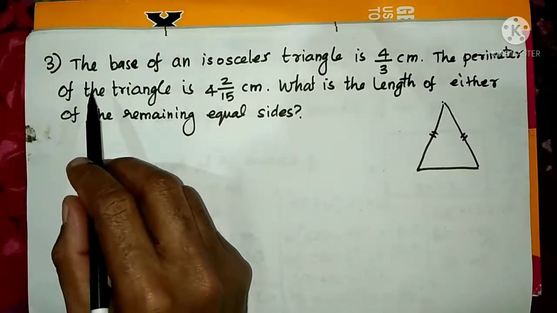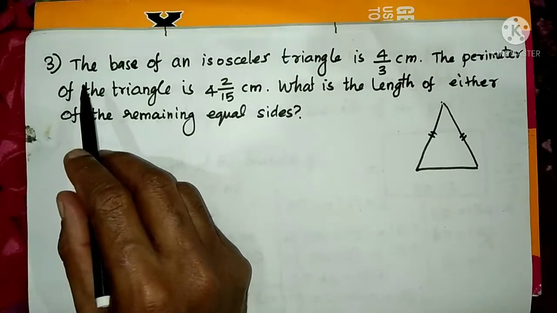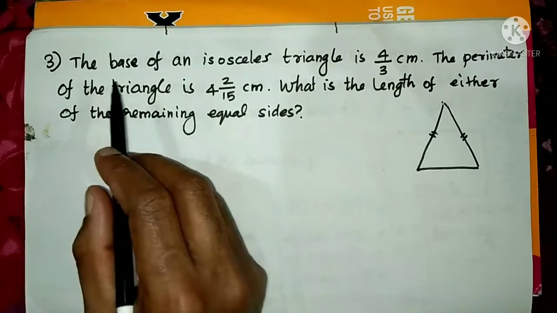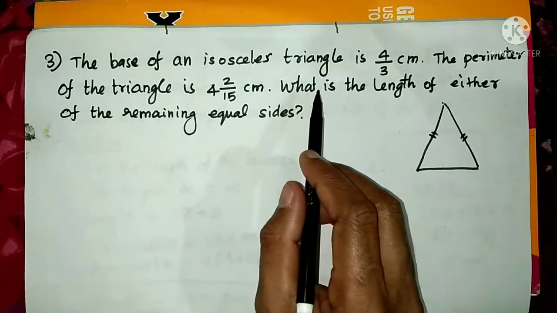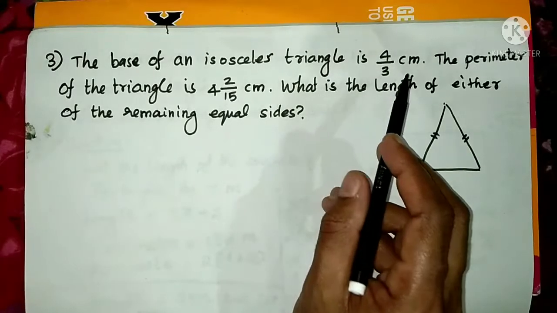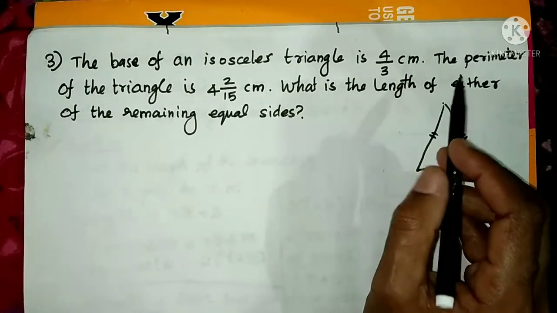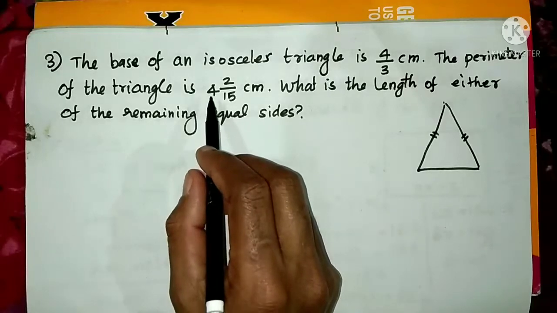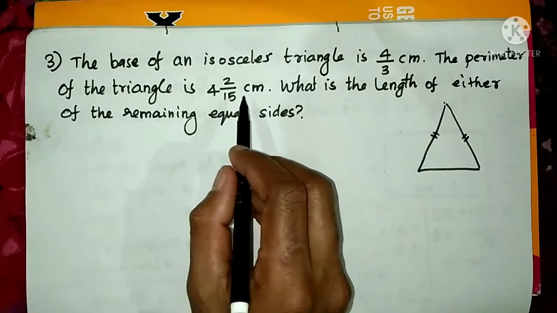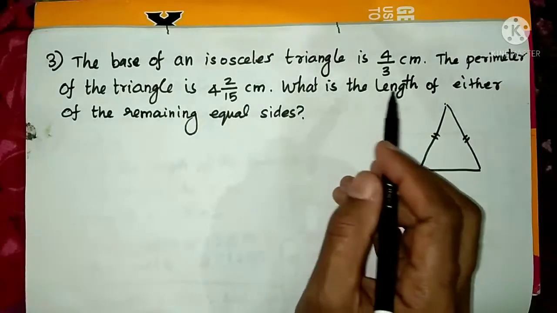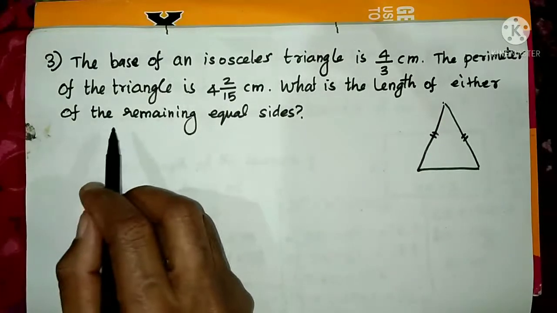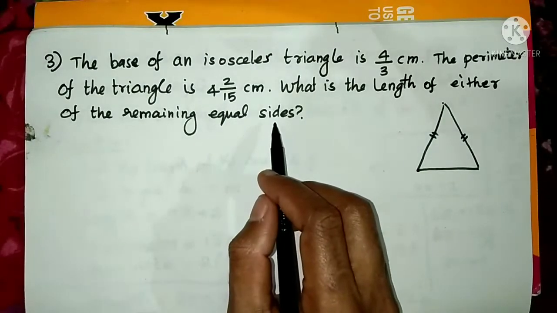Let us solve this third question. The base of an isosceles triangle is 4/3 centimeter. The perimeter of the triangle is 2/15 centimeter. What is the length of either of the remaining equal sides?